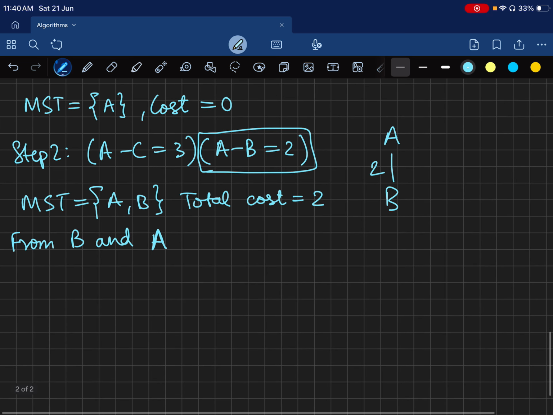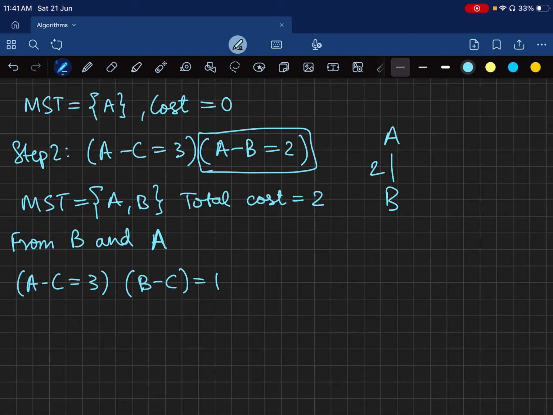Now from B and A you will check. From A you have AC, which is 3, and from B you have BC, which is 1, and then BD, which is also 1.